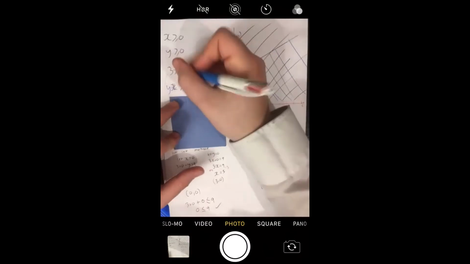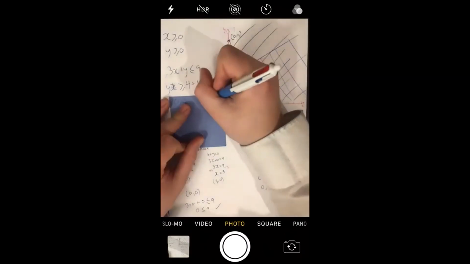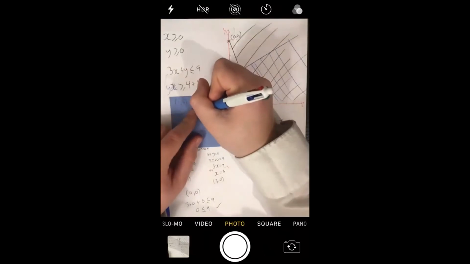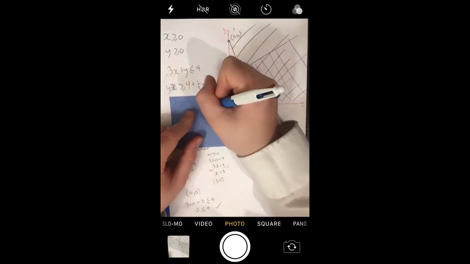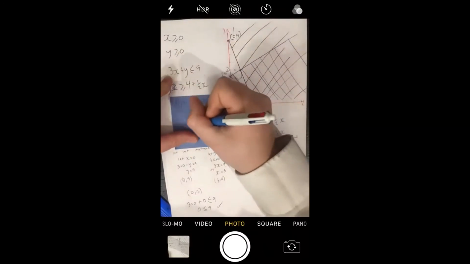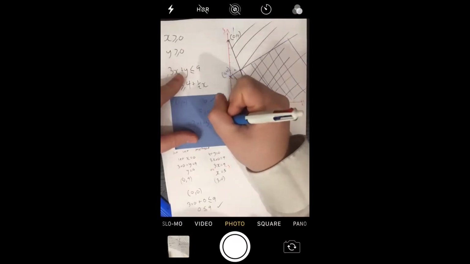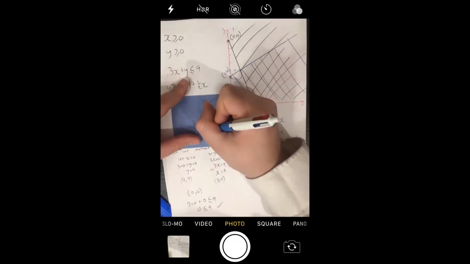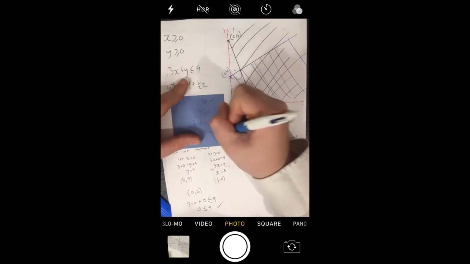Firstly, is 1 greater than or equal to 0? Yes, it is. Is 5 greater than or equal to 0? Yes, it is. Is 3 times 1 plus 5 less than or equal to 9? Well, 3 times 1 is 3, plus 5 is 8. Is 8 less than 9? Yes, it is.